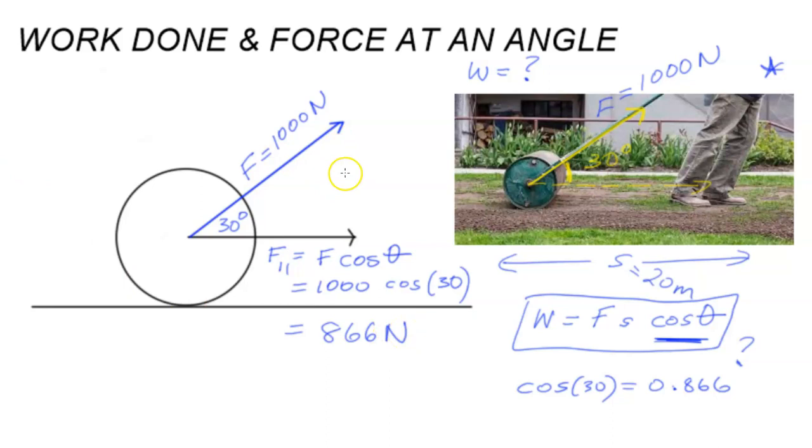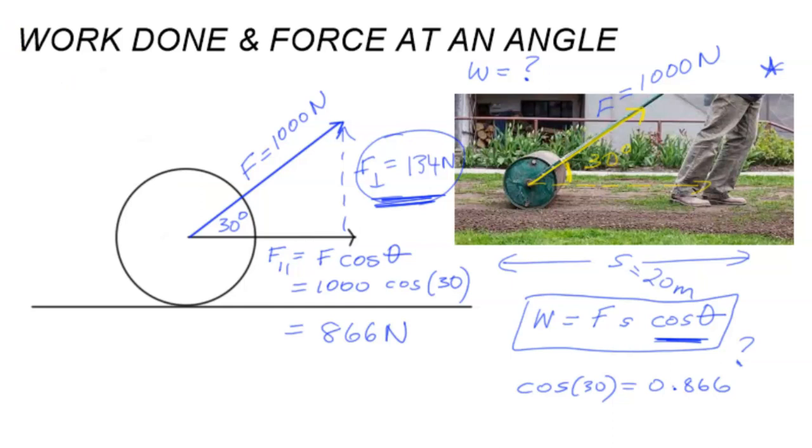And it would be easy to see that the perpendicular force would be the difference, which would be about 134 newtons. But this component of the force has no role in the horizontal motion, so we don't need to know this component. It's only the horizontal component of the force that contributes to the work done on the roller in the horizontal direction.